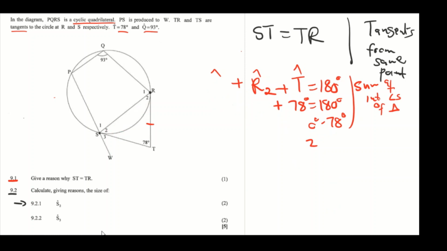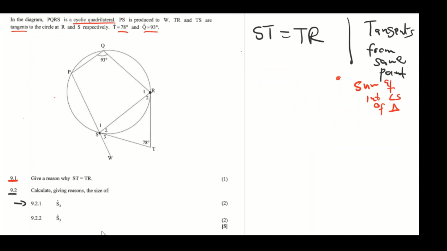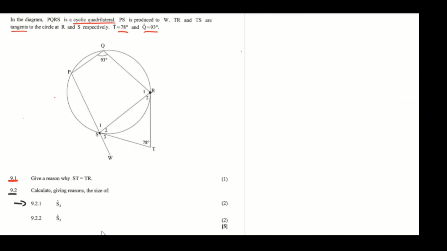9.2.2, where we're asked to find angle S3. So how do you find that angle? We want to find this angle here. We already know this angle here, and we have this angle here, which is 93 degrees. If you remember, this is a cyclic quad.